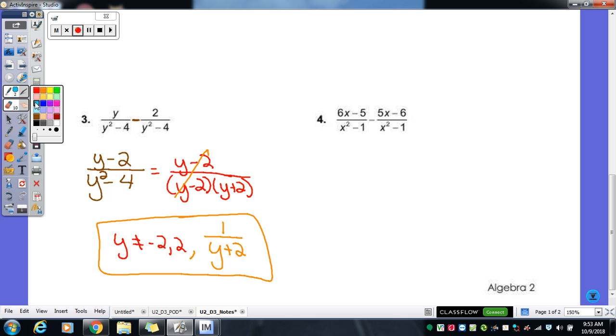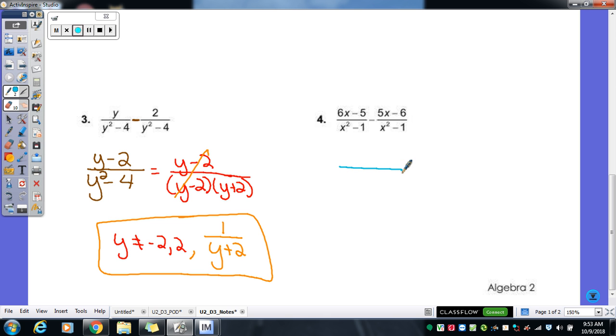And it doesn't matter which way you write it, restriction first and then your simplified fraction or vice versa, as long as both parts are there. So I got my restrictions, y can't be negative 2 or 2, and then my reduced fraction. I will say this though, on your tests and quizzes, generally the restrictions will come after, but when you're writing your answers, I don't care.